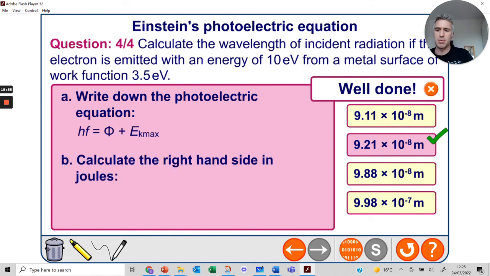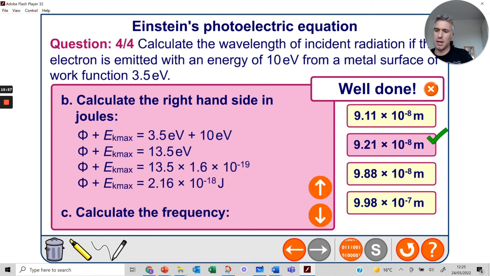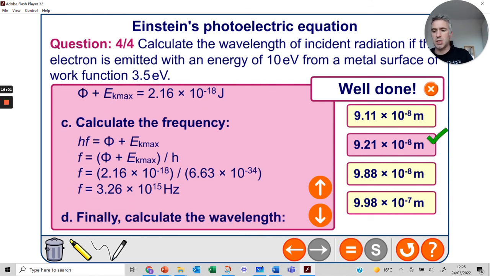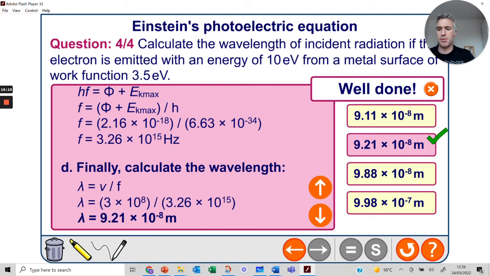Exactly the same process as before. Convert the electron volts into joules. Divide the energy in joules by Planck's constant, and then you do the speed of light divided by frequency, which gives you the wavelength.